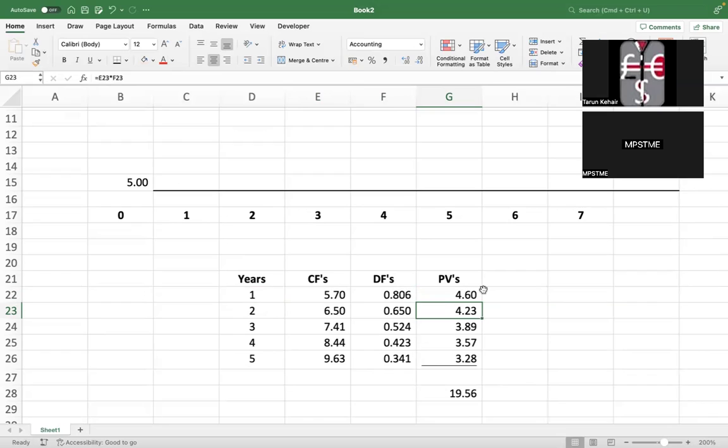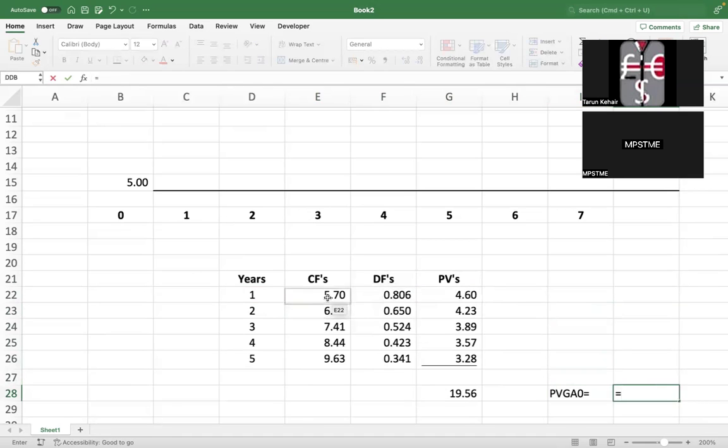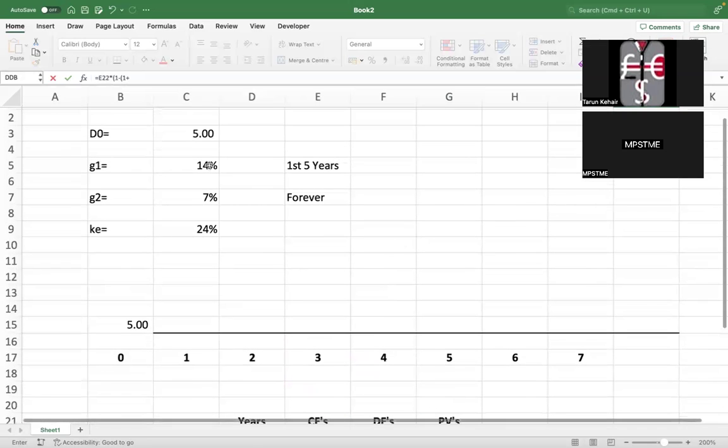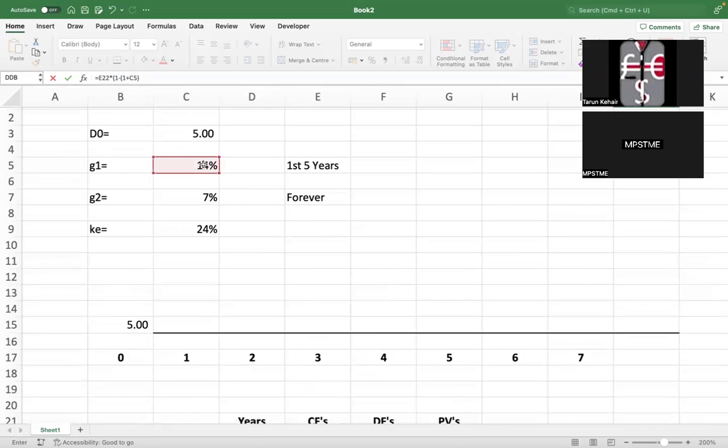Mind you, we can also get this by the formula that I have mentioned there, the last formula. So if I apply the PVGA formula, PVGA 0 will be equal to A1, एक साल के बाद का कैश फ्लो, into 1 minus 1 plus G, which is your growth rate of 14%, divided by 1 plus R, 24%.